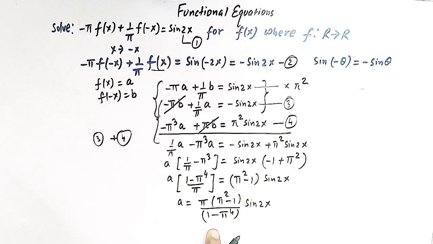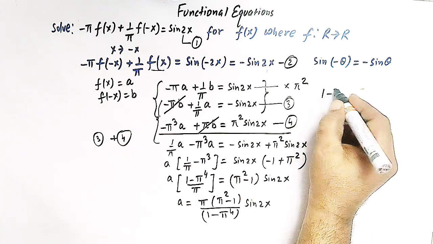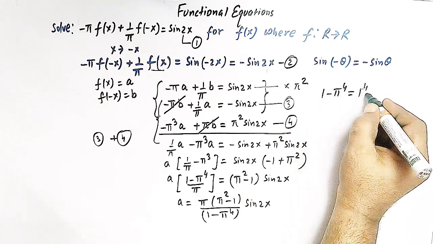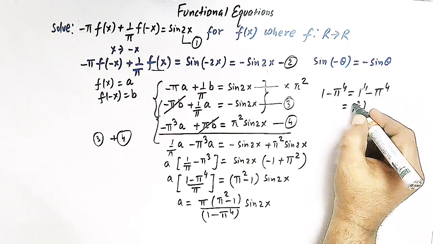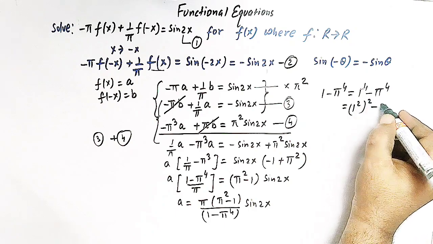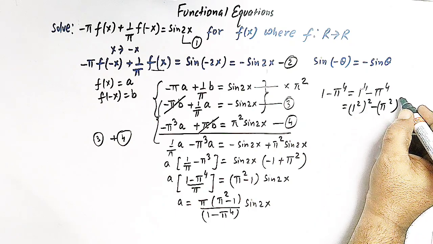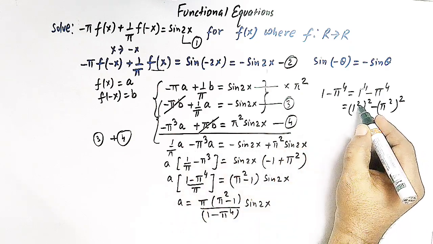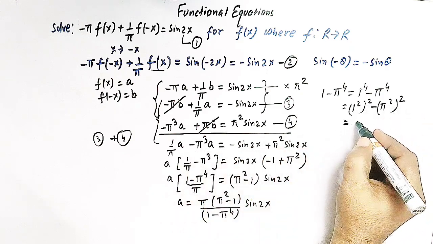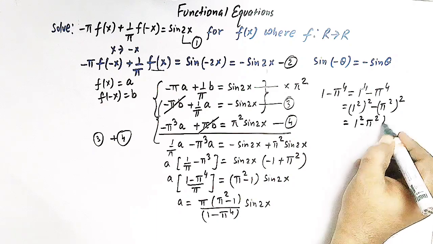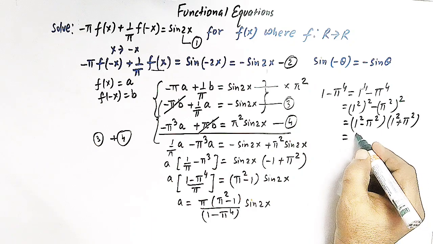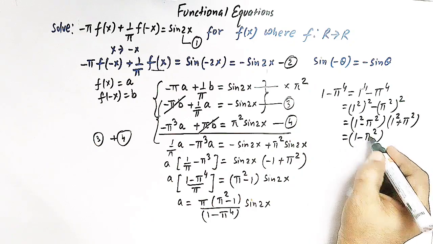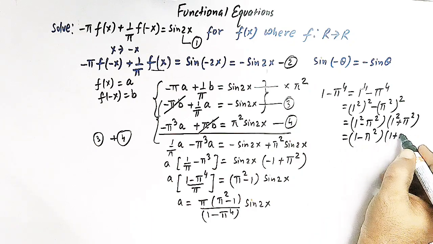Now using some algebra, we can write 1 minus pi raised to 4 as 1 raised to 4 minus pi raised to 4, and this is 1 square whole square minus pi square whole square. Using a square minus b square, we can write 1 square minus pi square times 1 square plus pi square, so this is 1 minus pi square times 1 plus pi square.